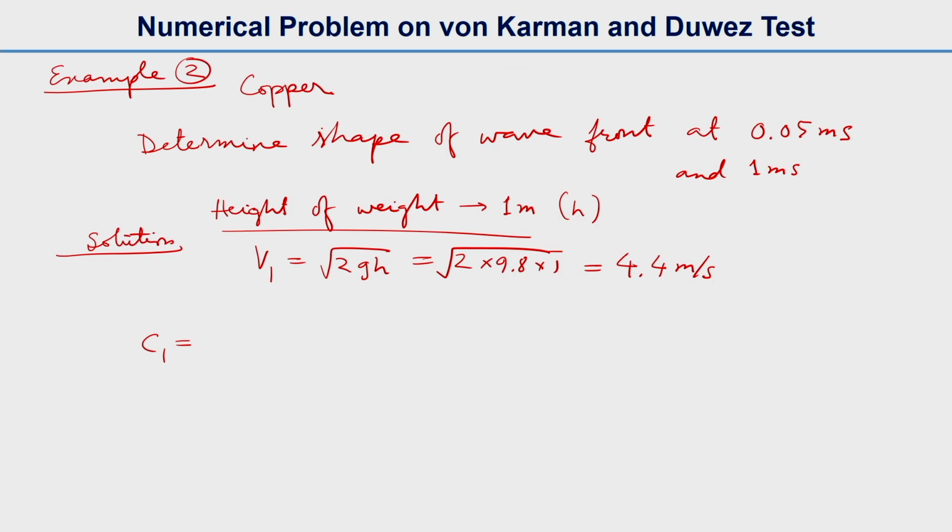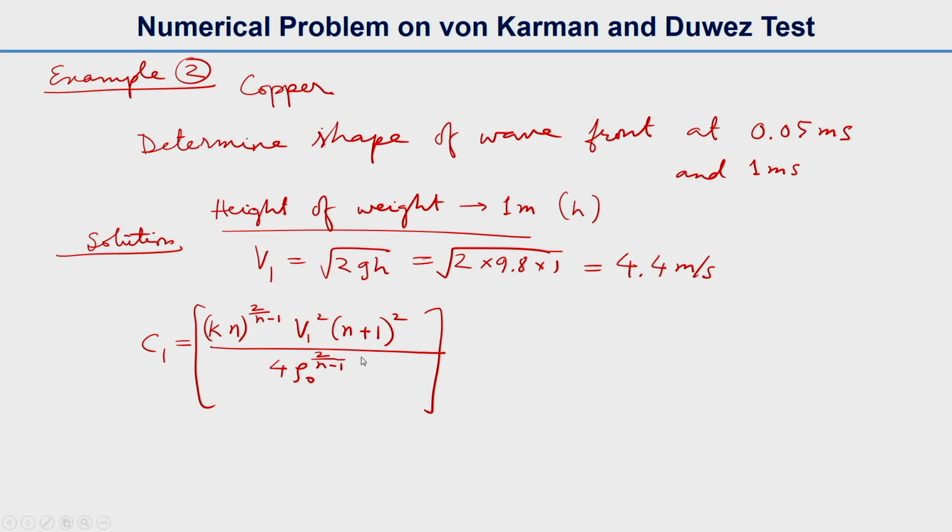So this will be like k n to the power 2 minus n, V1 squared, n plus 1 squared, divided by 4 rho naught, all to the power 2 divided by n minus 1 and to the power n minus 1 to n plus 1.